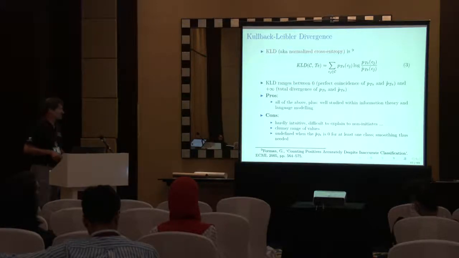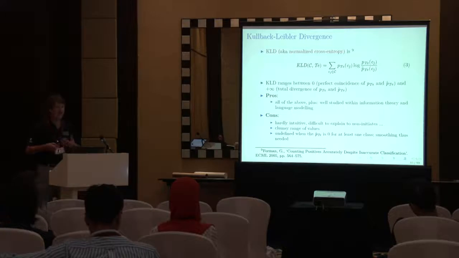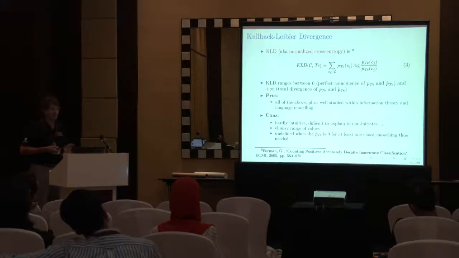And also one problem is that it's got a sort of clumsy range of values. Because when we have perfect quantification, KLD is 0, while when we have very bad quantification accuracy, then the value goes to plus infinity. So the values are not entirely easy to manage.